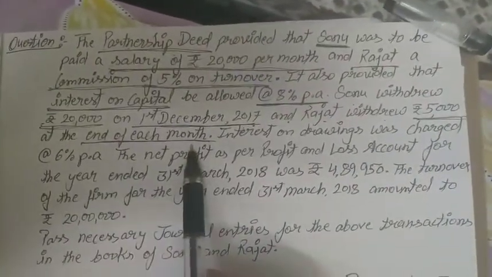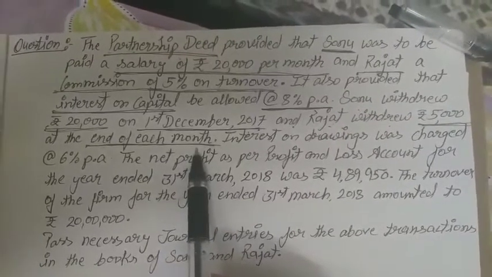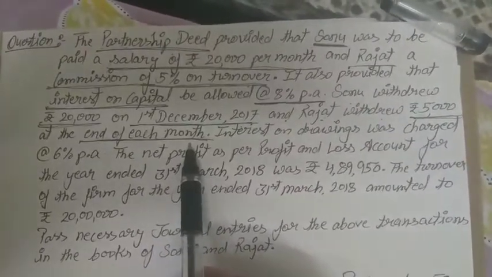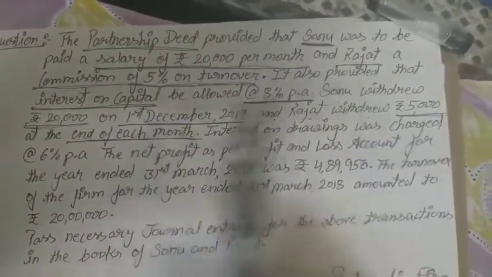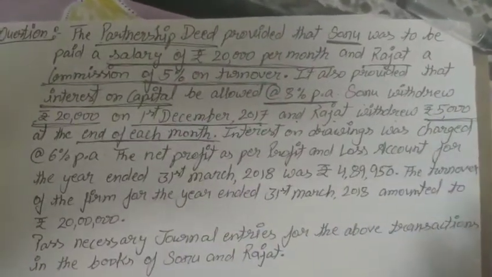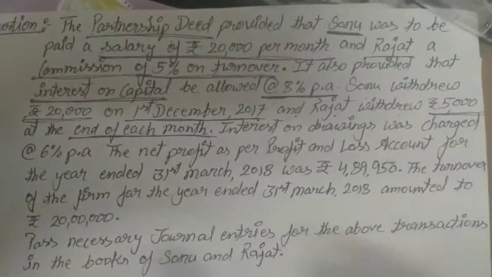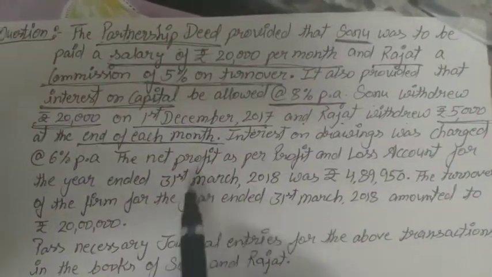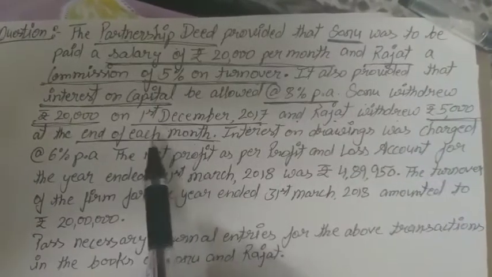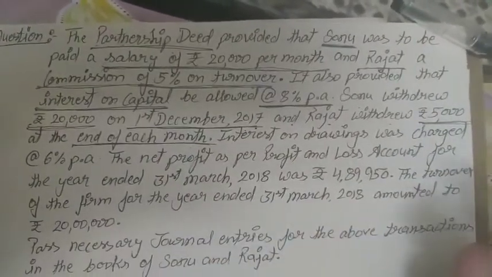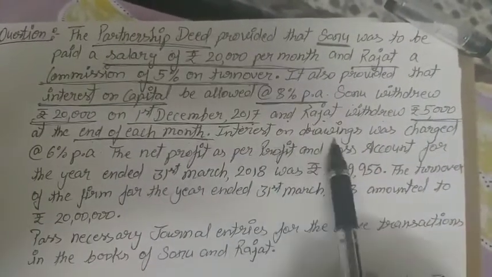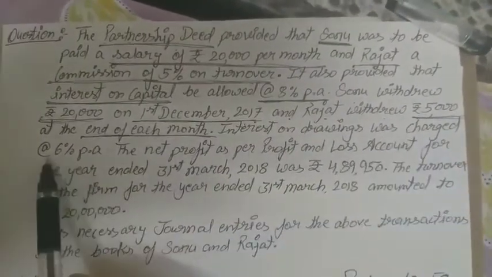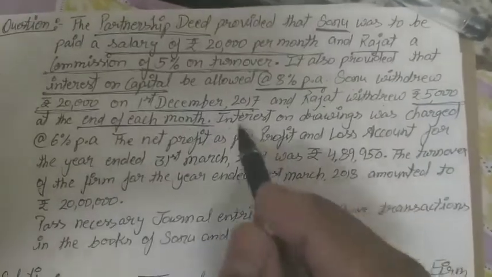So this 5,000 will be calculated from the beginning of the year to the last date of the year, because the date from which he started withdrawing is not mentioned. Interest on drawing was charged at the rate of 6% per annum.